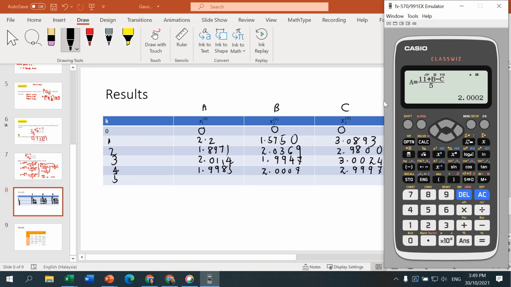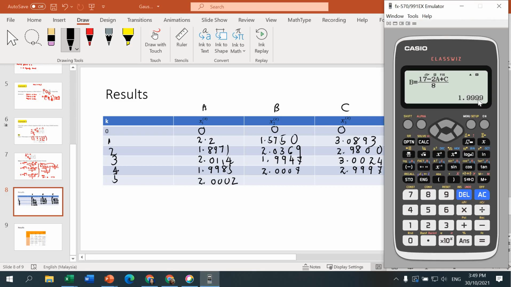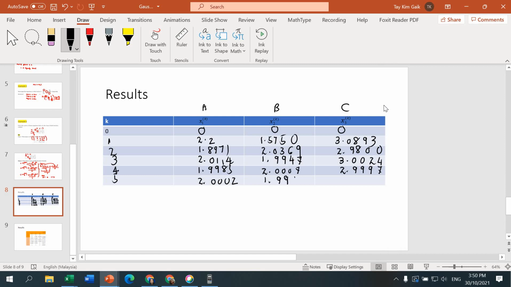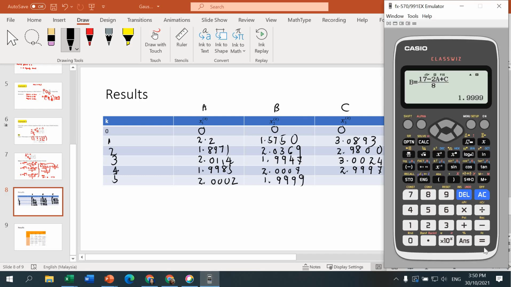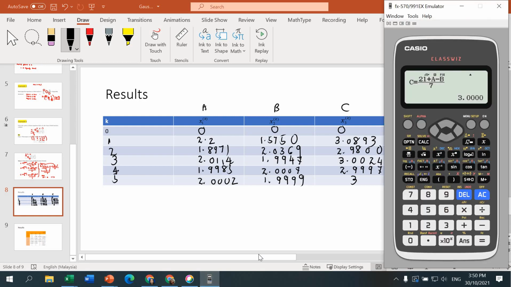A 2.002. B 1.9999. C is 3. So you see the value now is closer, but still greater than epsilon. So I proceed one more step.